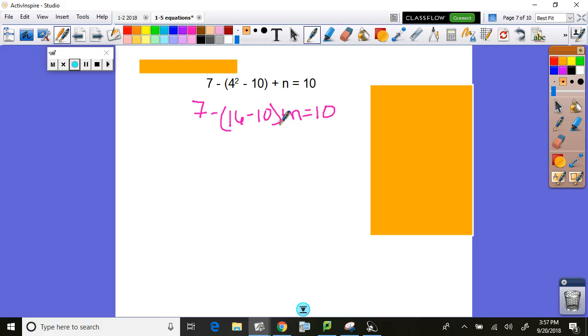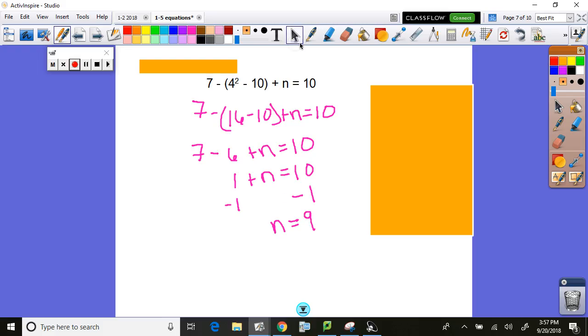And there the property I used is substitution. Again, I'm going to do 7 minus 6 plus n equals 10. Again, I use substitution. 1 plus n equals 10. Substitution. I'm going to subtract 1, which gives me n equals 9.